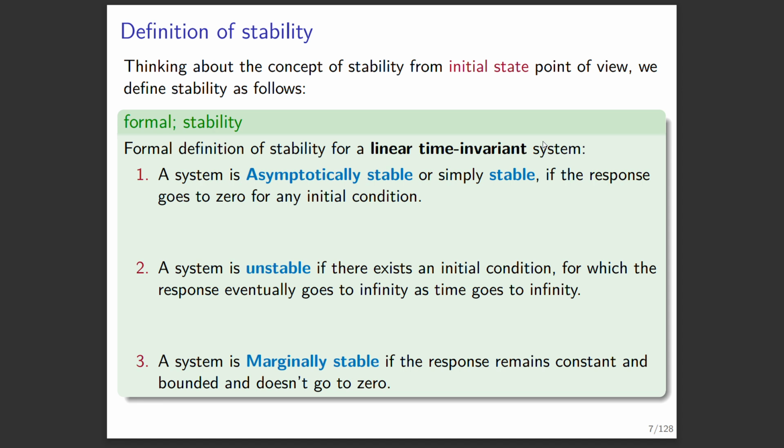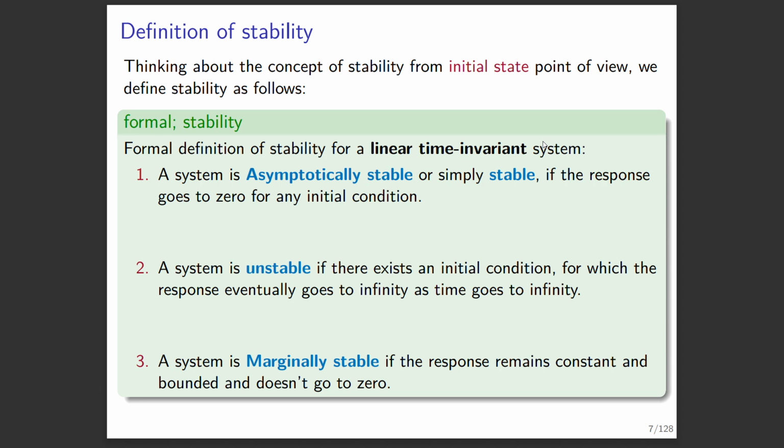Okay, so now what's inside of it? The formal definition of stability for a linear time invariant system is this: a system is asymptotically stable or simply stable if the response goes to zero for any initial condition. So any initial condition, meaning that from any starting point, the response is going to go to zero.